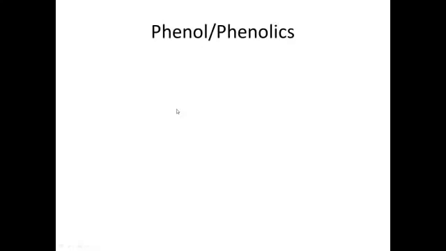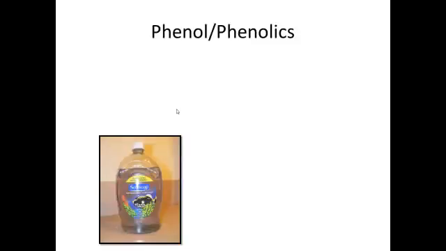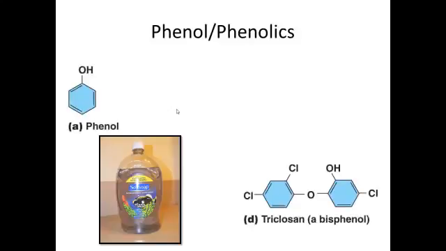Now on to the different active ingredients. Let's start with phenolics. Okay, I have a bottle of antibacterial hand soap because the active ingredient in that is a phenol. Here's the chemical formula of a phenol.